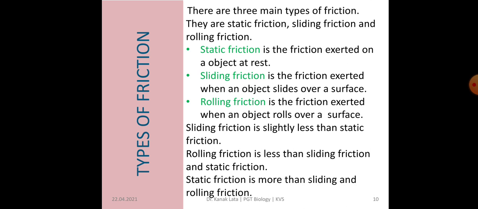Thus, sliding friction is slightly less than static friction, and rolling friction is less than sliding friction as well as static friction. So, static friction is more than sliding and rolling friction due to more interlocking between the surface and the object.